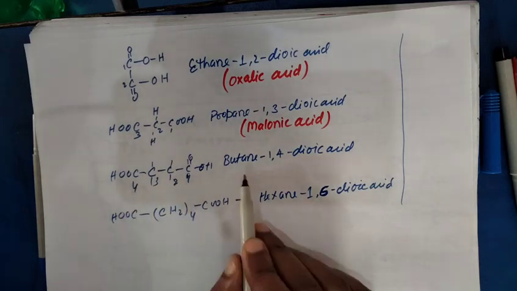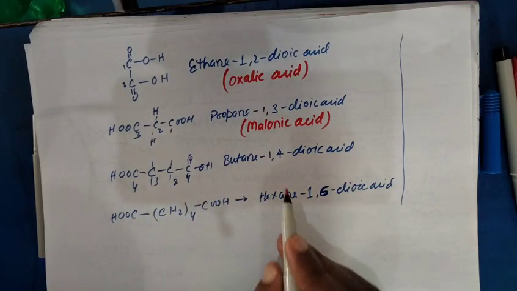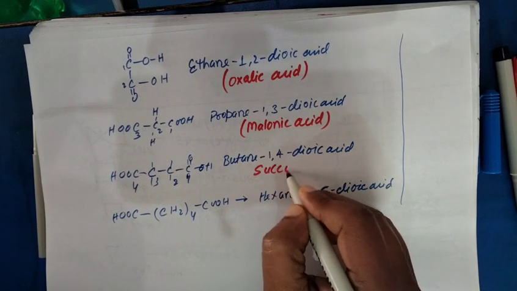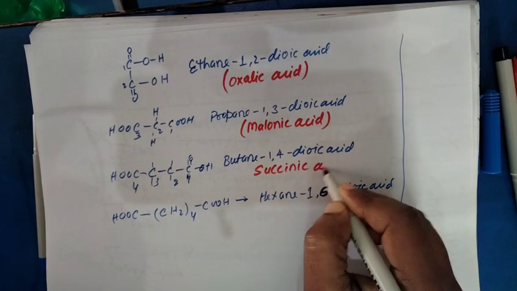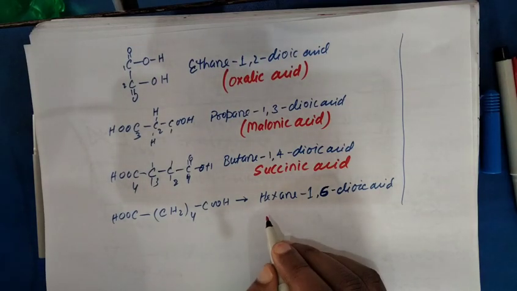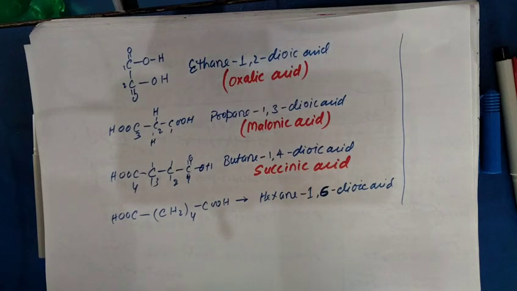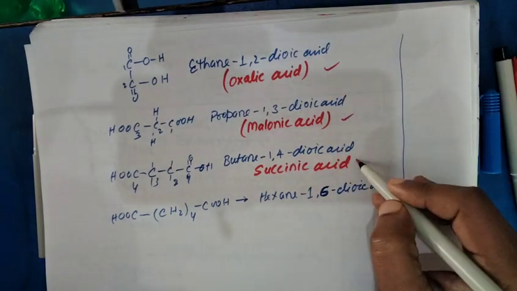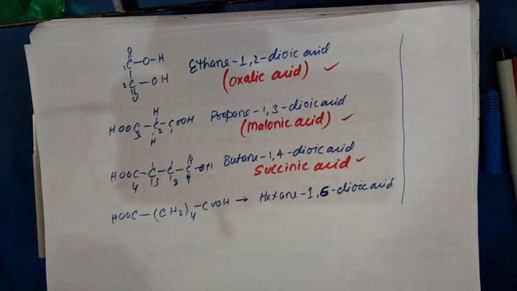If you take this compound, butane, this is succinic acid. So in this manner you have to provide some specific names. Actually these are traditional names which are used commonly for different purposes.